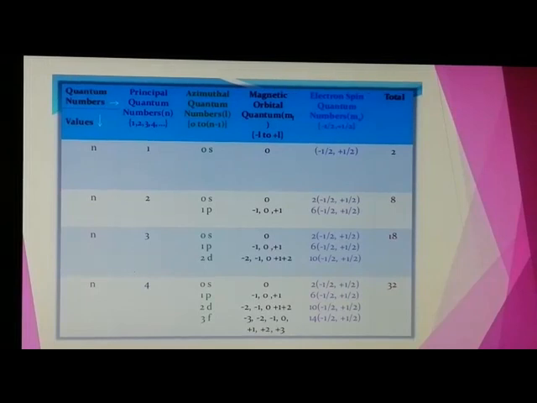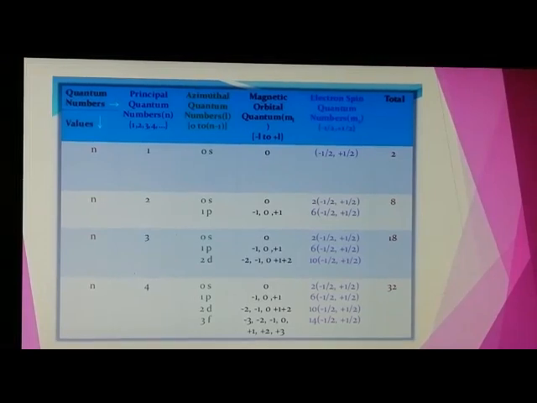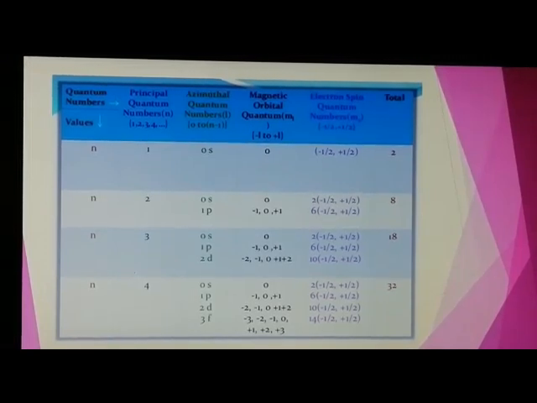Here is the table that summarizes all the 4 quantum numbers. At the top of the table there are quantum numbers like principal quantum number, azimuthal quantum number, magnetic quantum number, and the spin quantum number. When the value of n equals 1, the value of l is 0 and the value of m is 0. So there are two possible spins, +1/2 and -1/2.